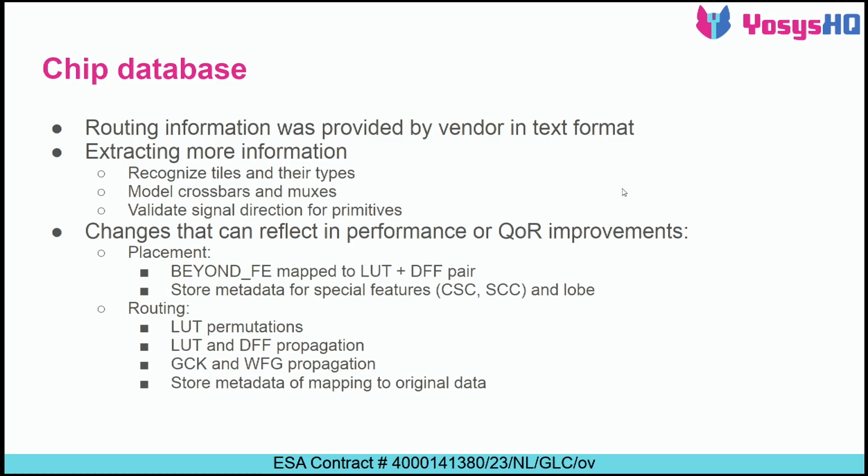Then going on to nextpnr, creating the chip database. We got routing information from the vendor. We had to create scripts to extract that, create more, then to create the chip database. And then we have a lot of the pre-processing steps that we do that are architecture specific.